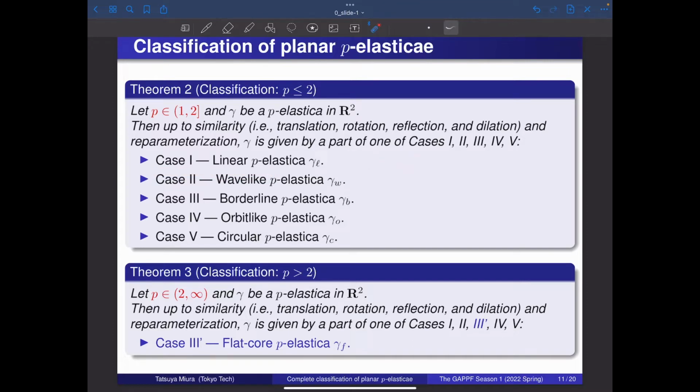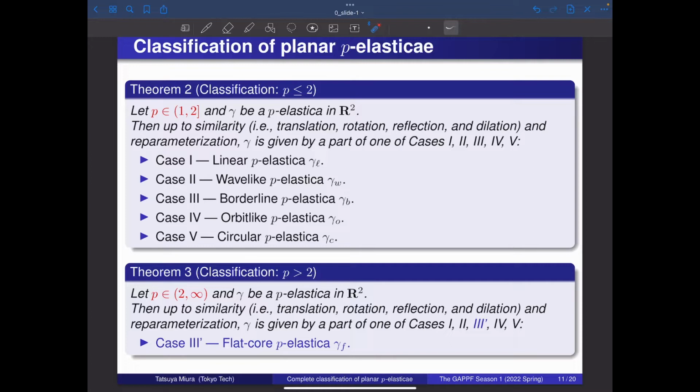So it's a quite trivial case. And also this case 5 is almost trivial, which is a circle, just like a standard circle. And from case 2 to case 4, we have non-trivial curves.